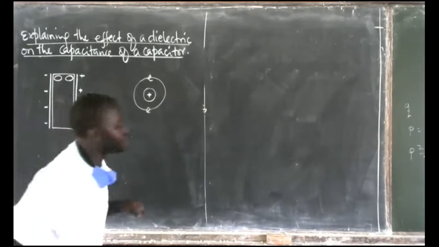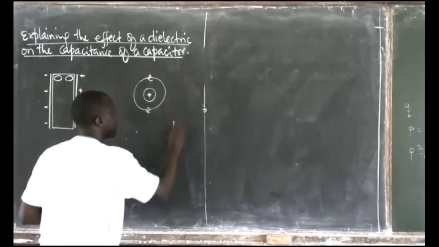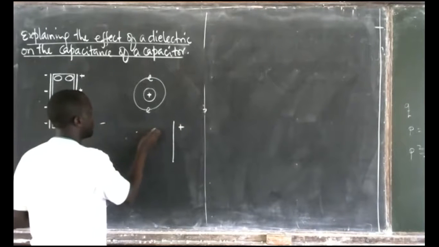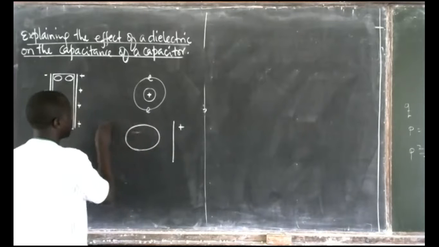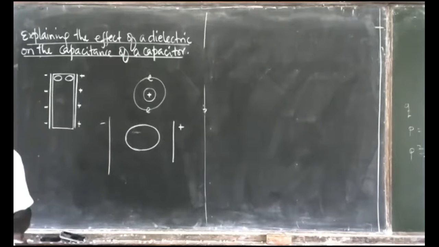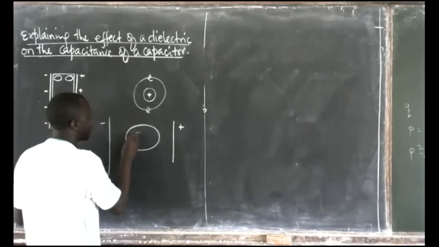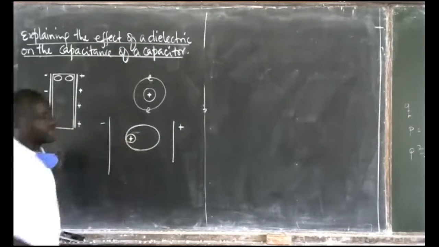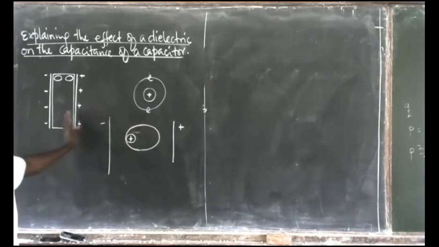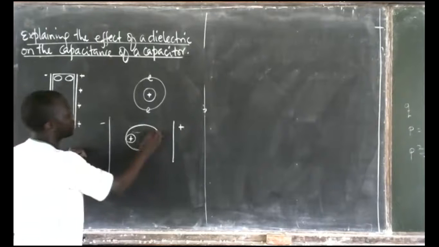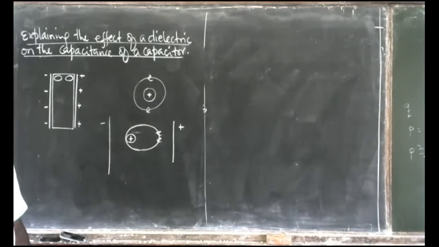As a result, the shape of this atom is going to change. If this side is positive and this side is negative, then we are going to have an oval shape. Instead of a circle, the positive plate will be repelling the nucleus away from itself. So instead of the nucleus being at the center, it is now being pushed towards the other end, as the electrons tend to be attracted to one side. Are we getting the point?